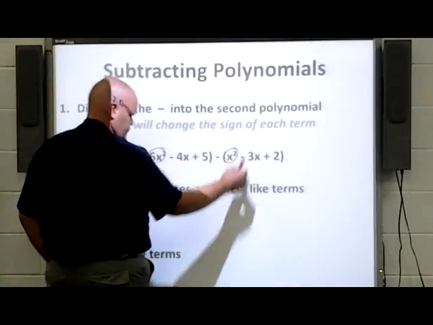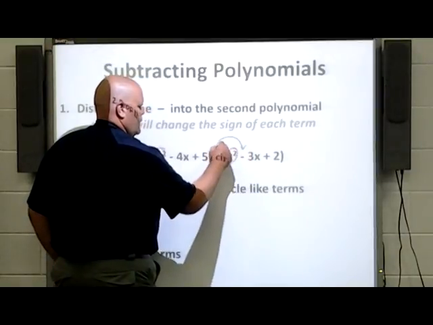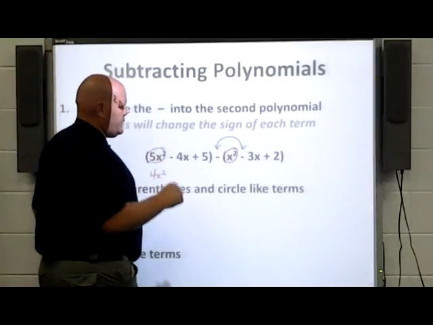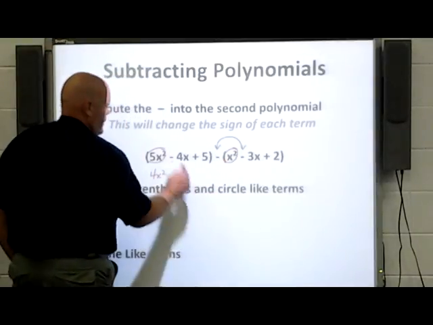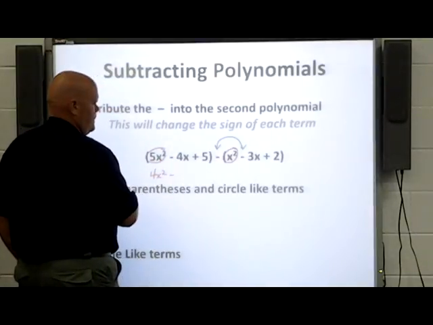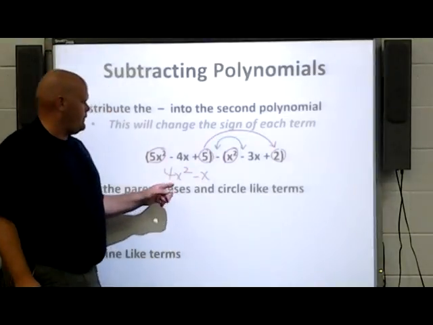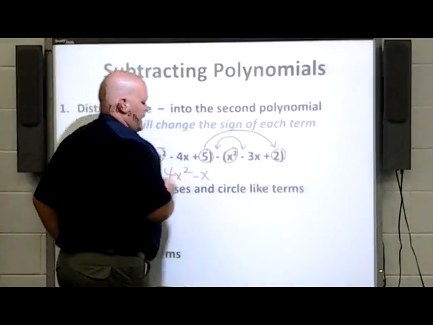Now right here is also something you want to watch out for. I'll use a very different color. We got a negative and a negative. Negative and negative become a positive. So that's going to make this a positive 3x with a negative 4x. So that's still going to make this a negative, and it's just going to be x. All right, now I've got 4x squared minus x, and my last two terms are 5 and 2.